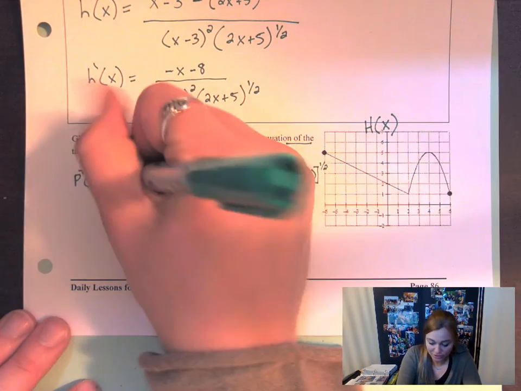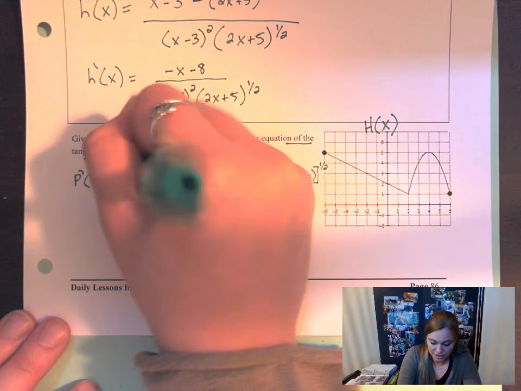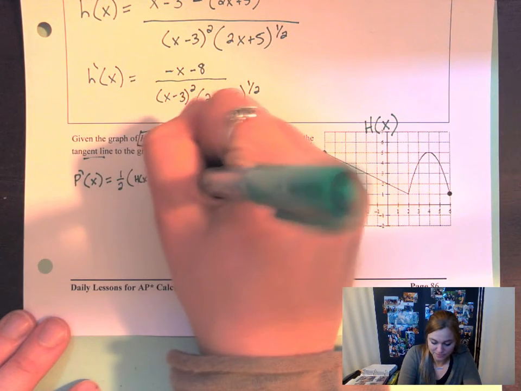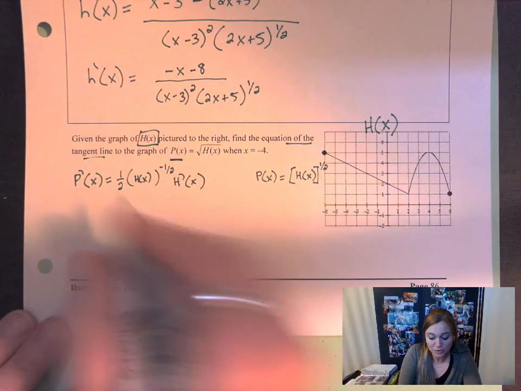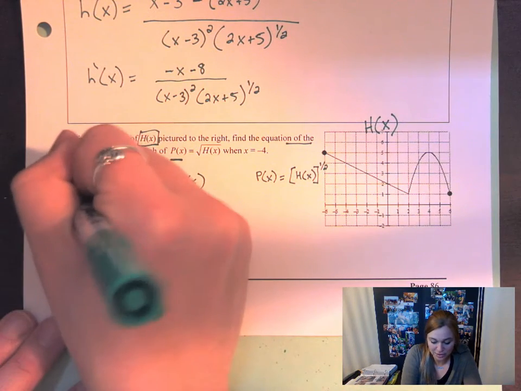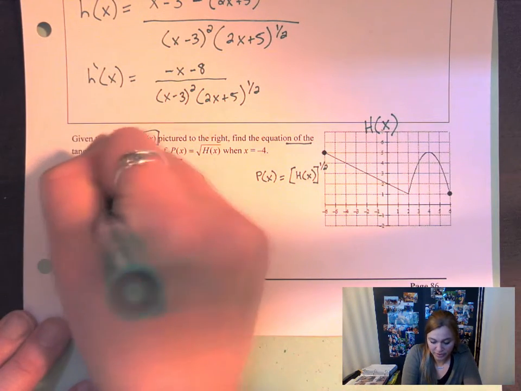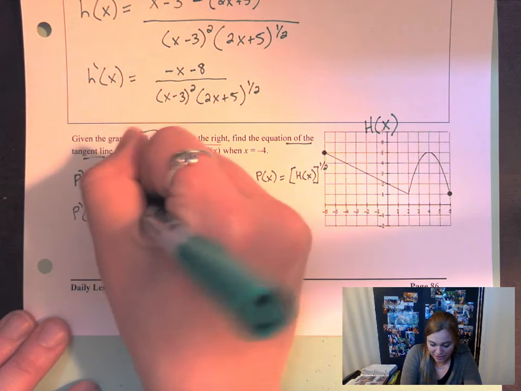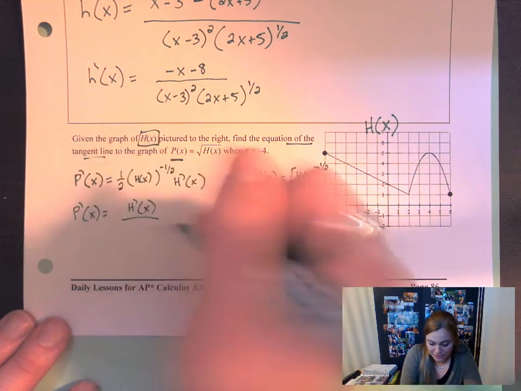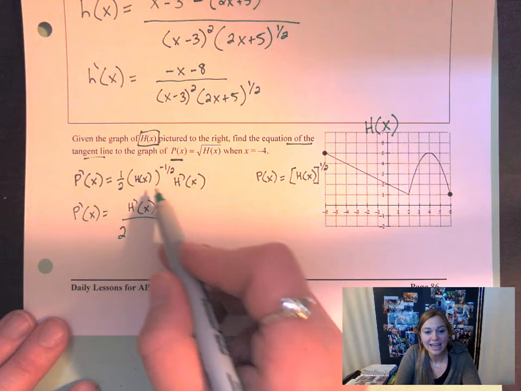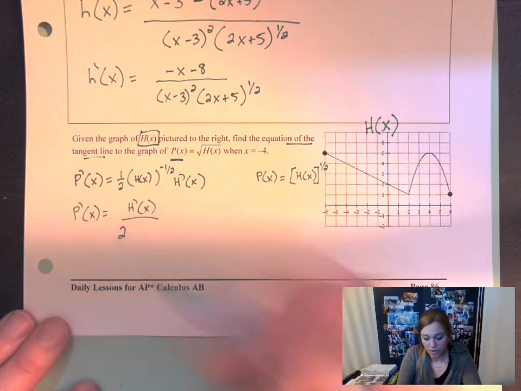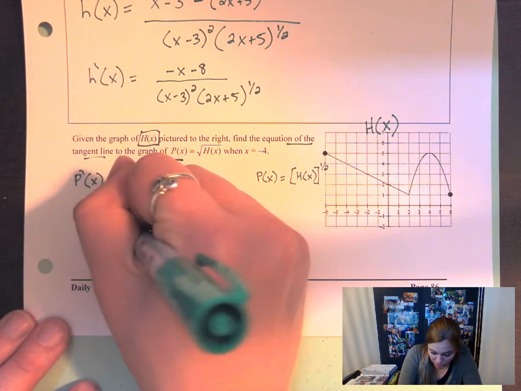I leave the inside alone, times the derivative of the inside. I'm going to rewrite this only so I don't mess it up. So p prime of x would be h prime of x only in the numerator. In the denominator, I would have 2 times h of x to the 1/2 power, also known as the square root of h of x.